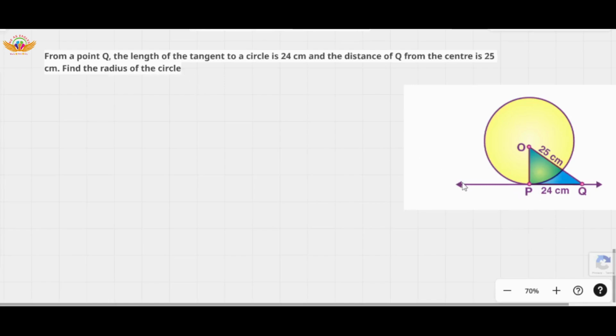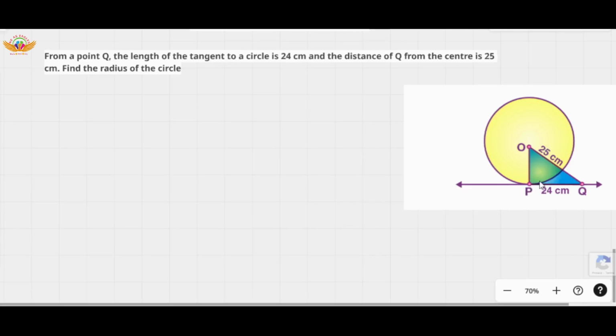We know that when a tangent is drawn at a point of contact P, it is perpendicular to the radius at the same point of contact, so the angle made by it is 90 degrees. That we already know and proved in the theorem.